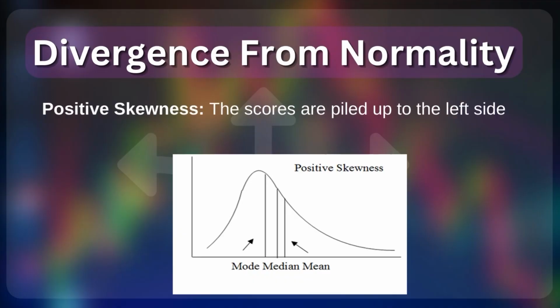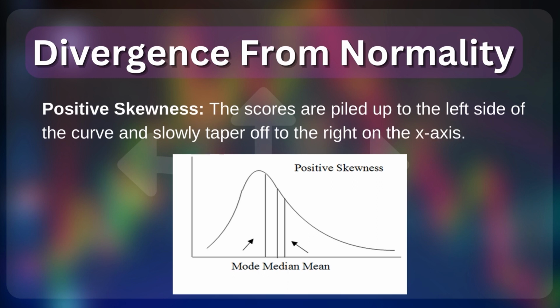So, let us try to understand what exactly are the two types of skewness. The two types are positive skewness and negative skewness.